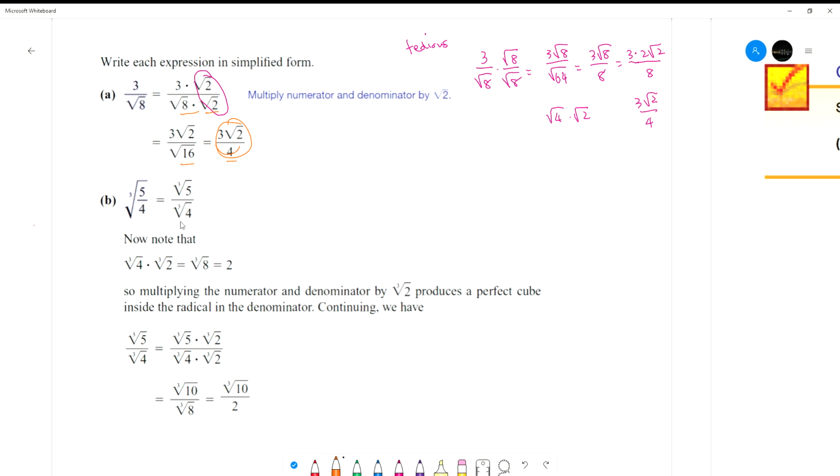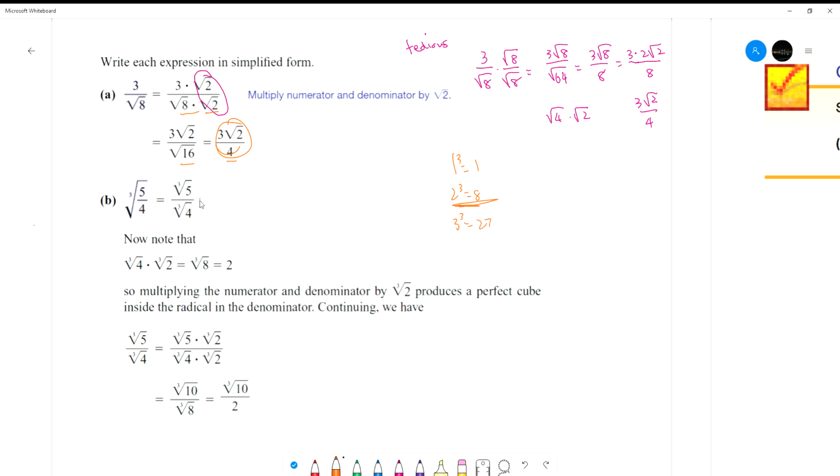So look at part B. You split it up, and you get cube root of 5 over 4 is equal to cube root of 5 over the cube root of 4. And we're looking for the smallest cube, right? Which is actually what? 8, right? Because 1 cubed is 1, 2 cubed is 8, 3 cubed is 27. So 8 is the smallest.